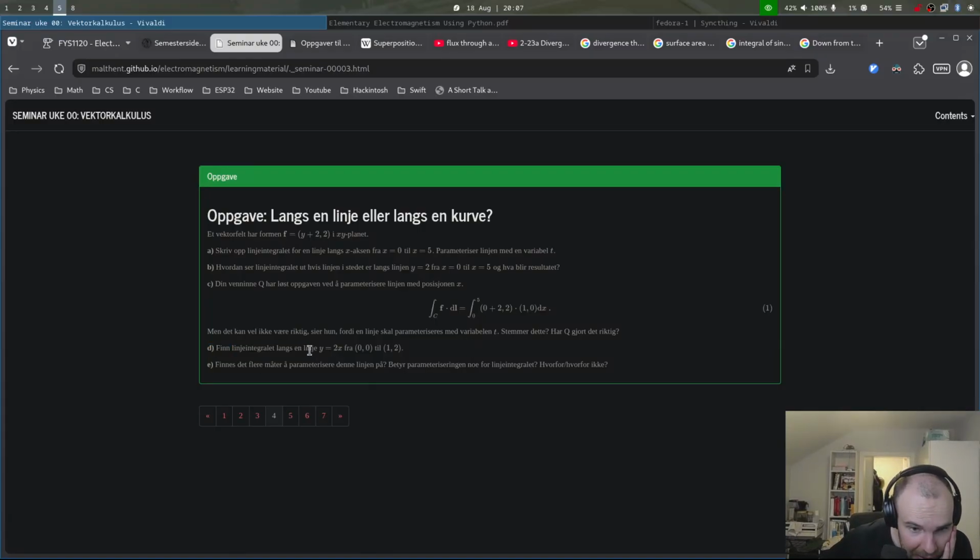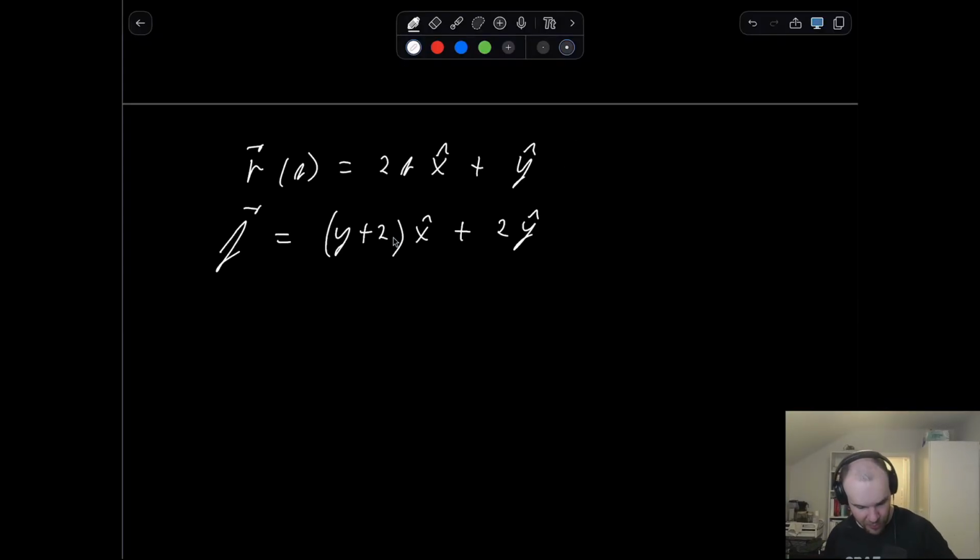And we still have our vector field. I need to get that as well, and then I have r there. Same procedure.